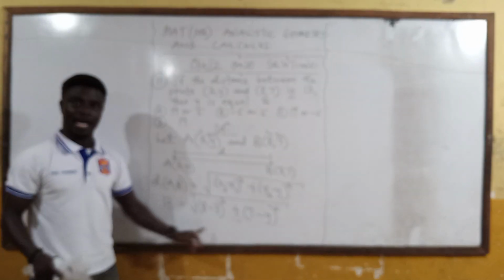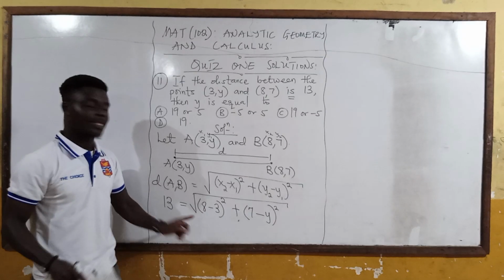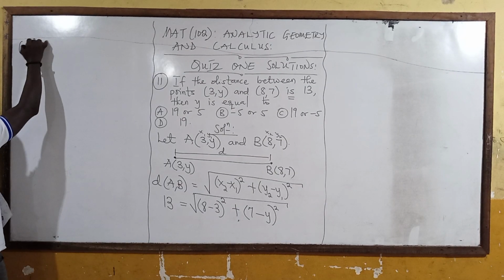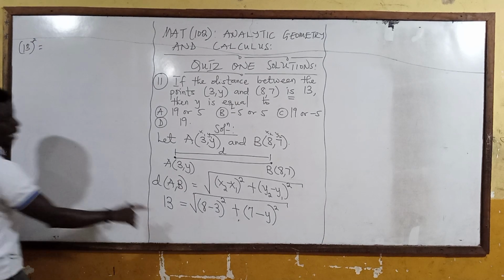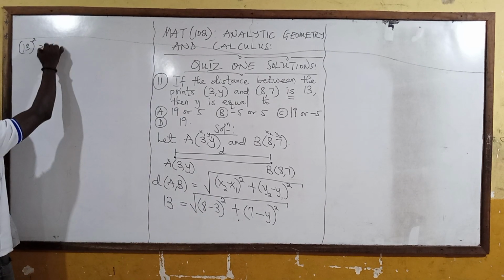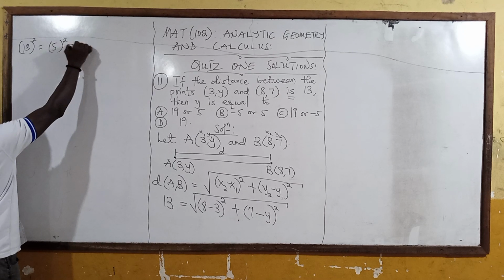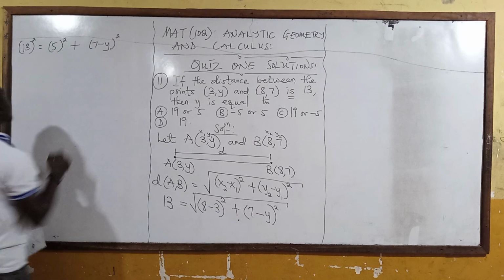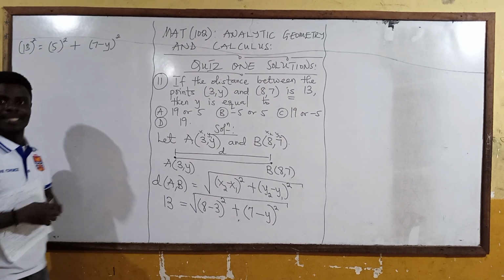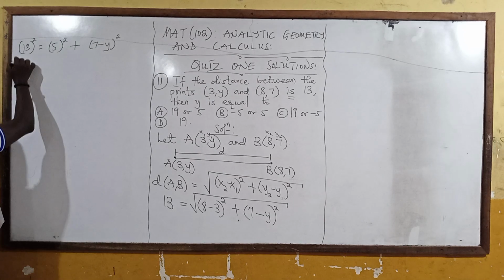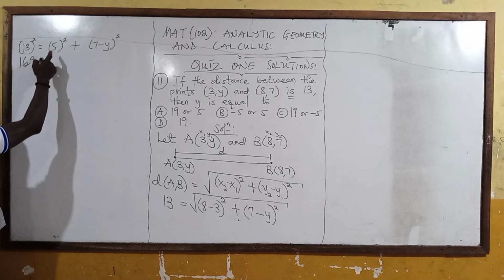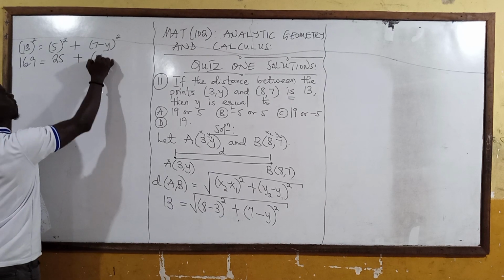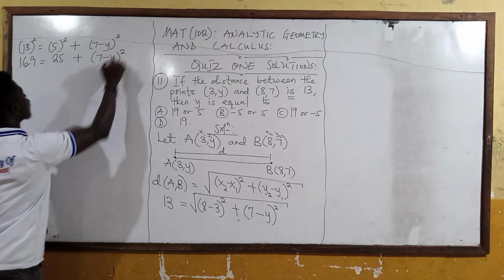We can square both sides of the equation to take away the square root. So I get 13 squared equals (8 minus 3, we obtain 5) squared plus (7 minus y) squared. 13 squared means 13 times 13. We obtain 169 equals 5 squared, we obtain 25, plus (7 minus y) squared.